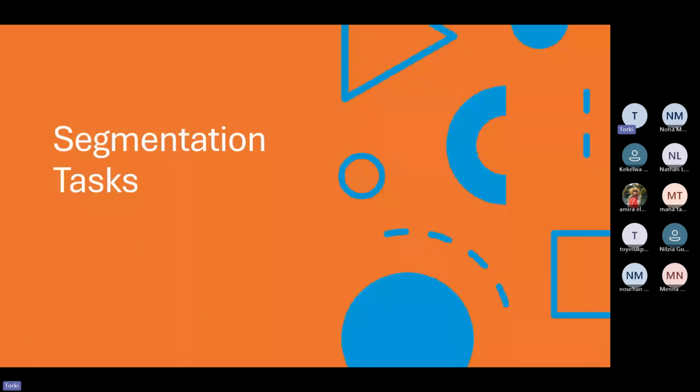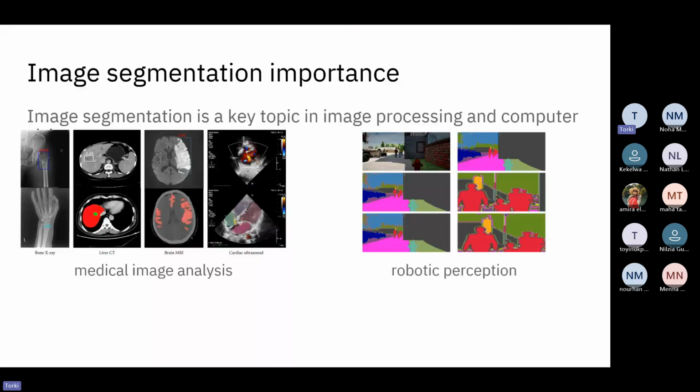So for segmentation tasks, let us give a brief introduction that is not related exactly to dentistry. Image segmentation is a key topic in processing images in computer vision tasks, and we can see many applications in medical image analysis or even in self-driving environments or robot perception and so on. What we can see here is that you have an X-ray at the left side, and you have some highlighted parts of this X-ray, and this might refer to some fracture or some artifact.